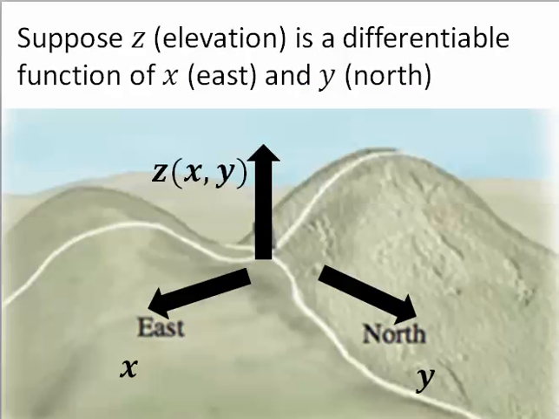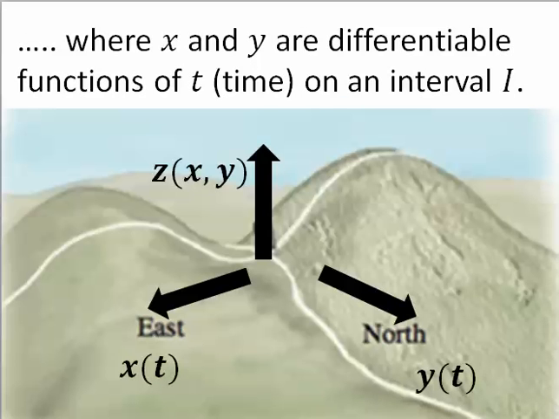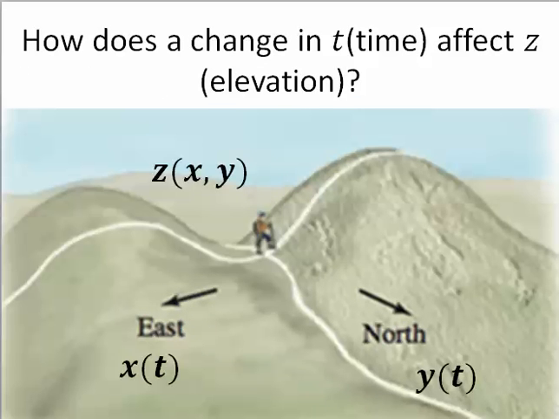For now, we will go back to the model of a hiker on a hyperbolic paraboloid. Suppose z is a differentiable function of x and y, where y and x are differentiable functions of t. How does a change in t affect z?